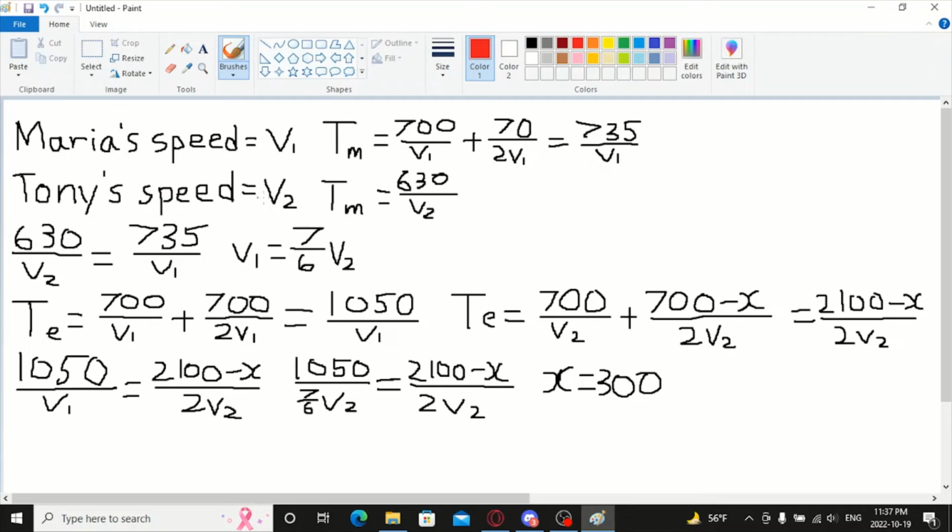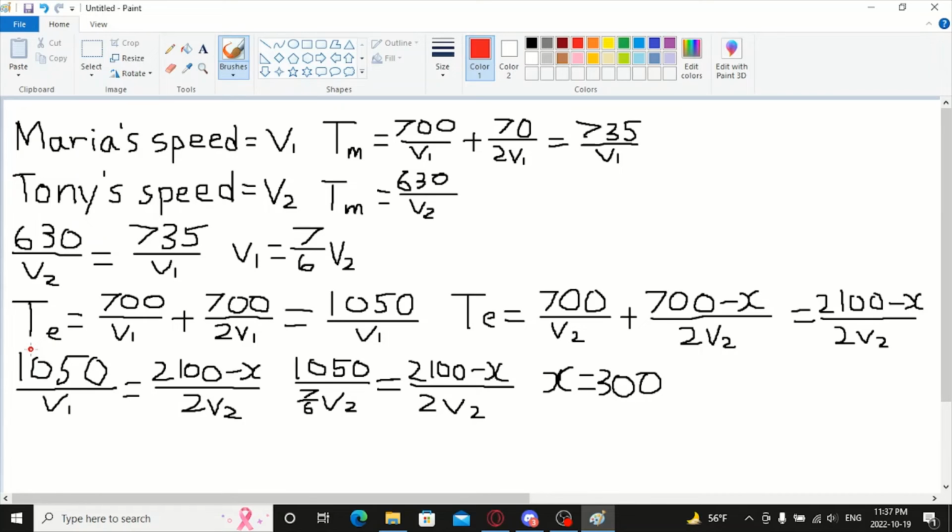And we have Tm for Tony, where he traveled 630 meters uphill at a speed of v2. Since these are both equal to Tm, we can set them equal to each other, and from this we find that v1 is equal to 7/6 v2.